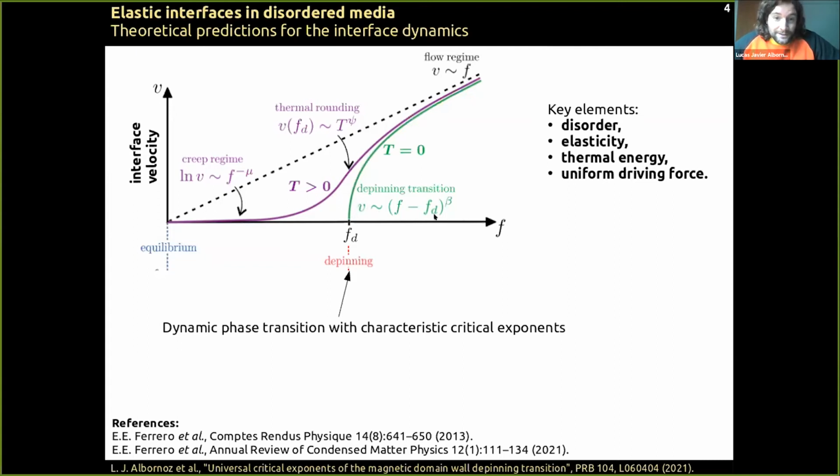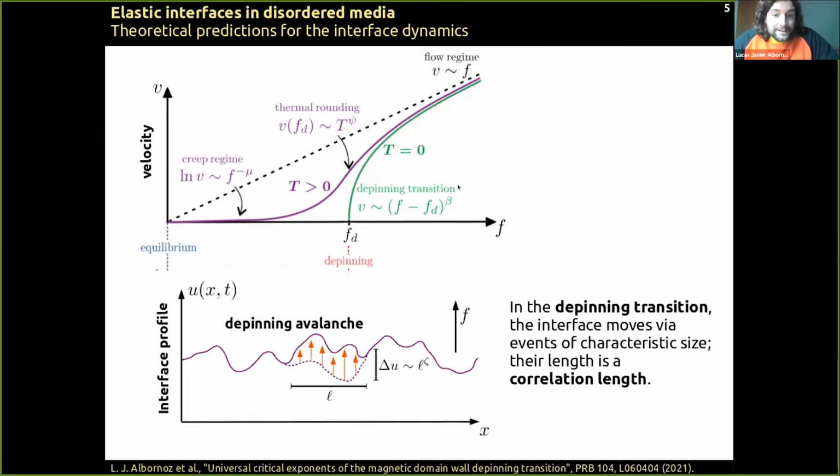The dependence of the velocity on the applied field follows a power law, which is characterized by a critical exponent, this beta exponent. And in this depinning transition, as is usual for phase transitions in statistical physics, there also exists a correlation length, which in this case is associated with the size of the characteristic events which make the interface move.